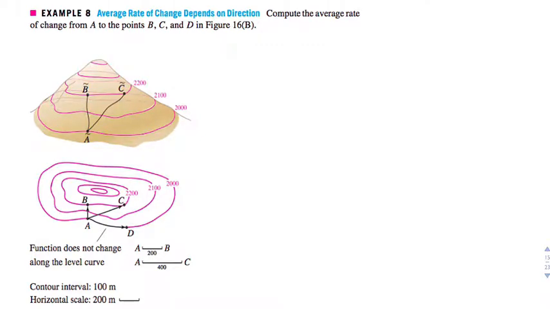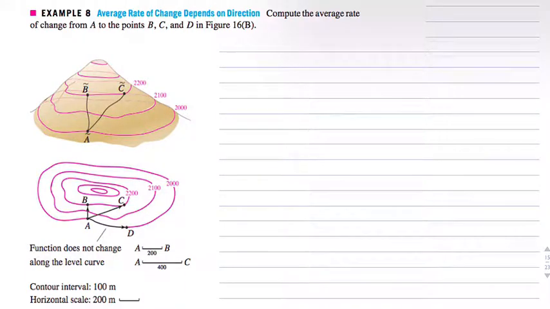Okay, so looking at this example 8, it's asking us to compute the average rate of change. So that's the change in altitude over the change in horizontal.